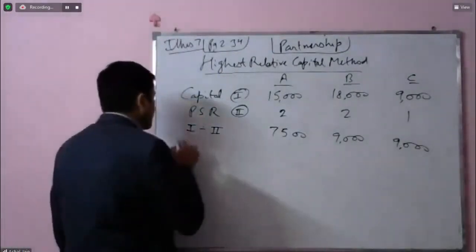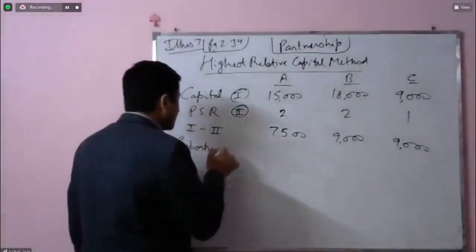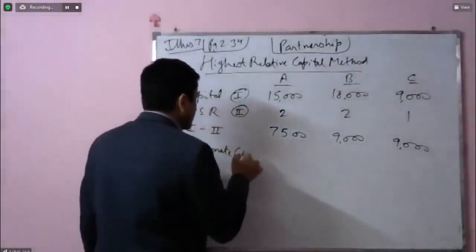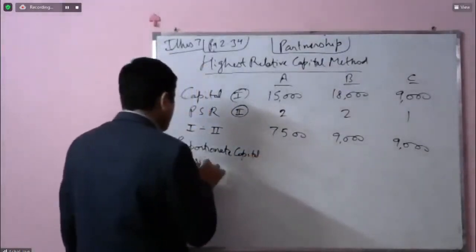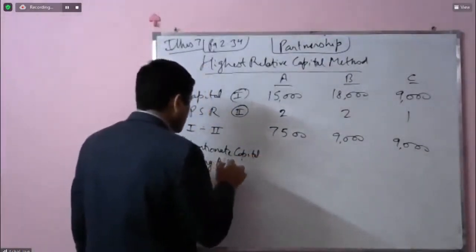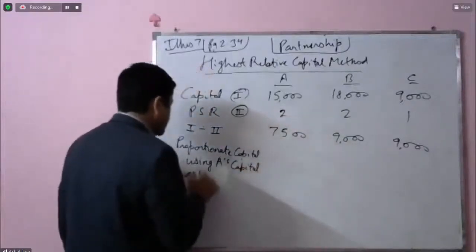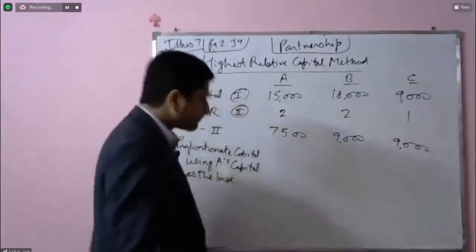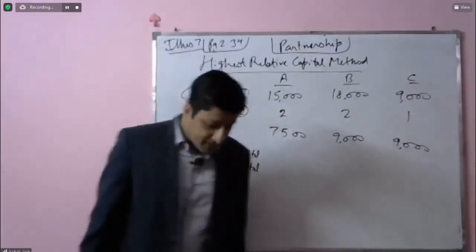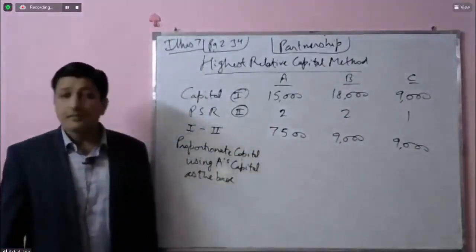So now what we will do is we will compute proportionate capital using A's capital as the base. Now let's once again try to understand what is it that we are trying to solve.